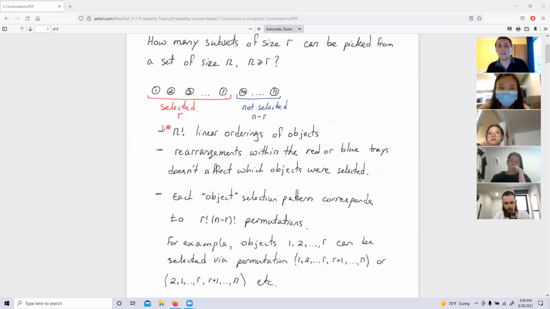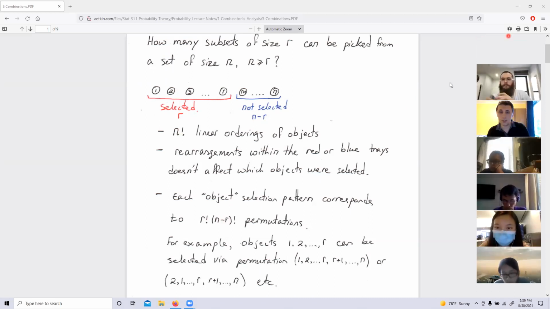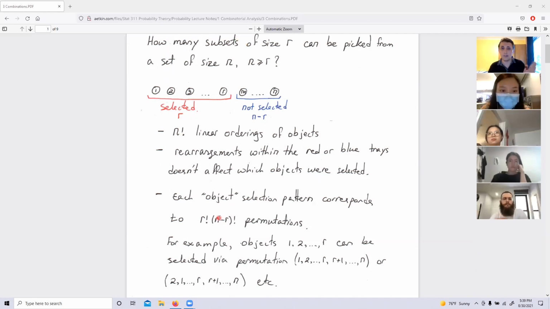So altogether, if I write n factorial, I have created r factorial times n minus r factorial overcountings. I hope you see that. Any questions? Do you see why I created r factorial times n minus r factorial overcountings? Because those r objects can be arranged in any r factorial ways, and those objects on the blue tray can be arranged in any n minus r factorial ways.